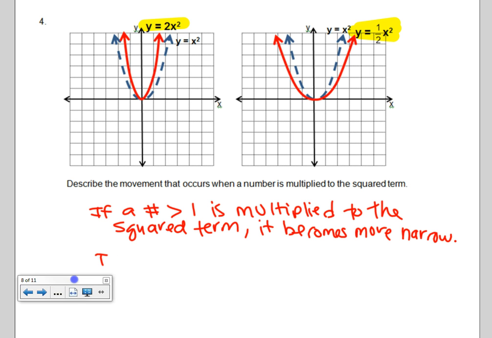And if a number between 0 and 1 is multiplied to the x term, it becomes wider.